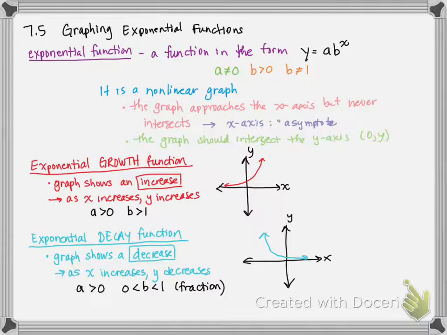Okay, so I'm going to go to my next screen and talk about, well, how on earth are we going to graph? So we're going to talk about that. To graph, we're going to need a minimum, I like to use more than this, a minimum of 3 x values.